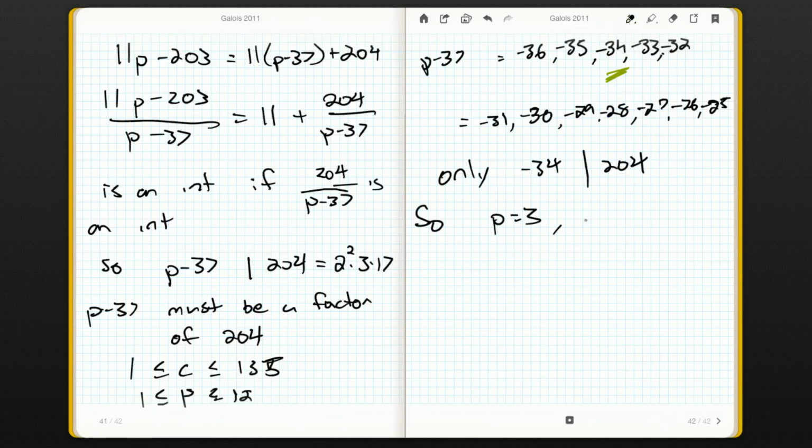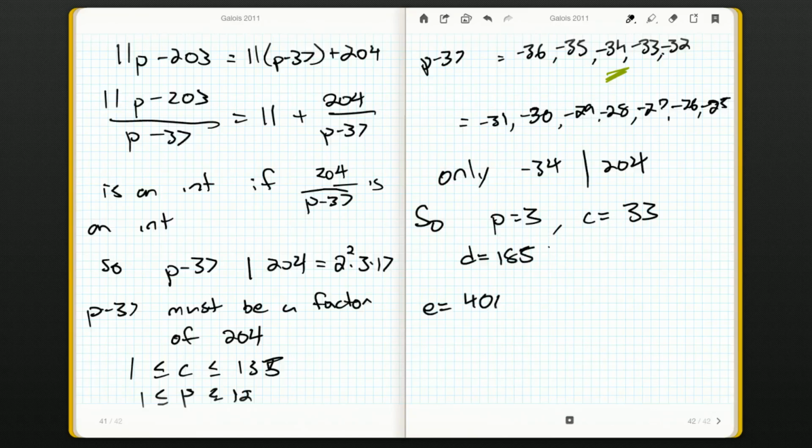So now, p is 3, c is 33, and d, what's the value for d? It's 11 times p minus 203, divided by p minus 37, times 37, so 185.